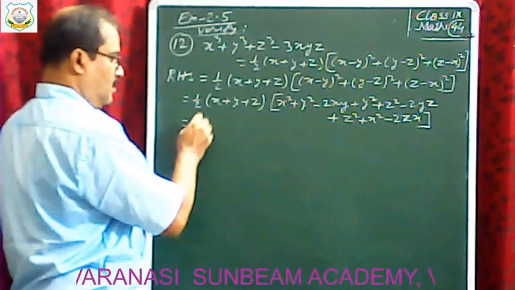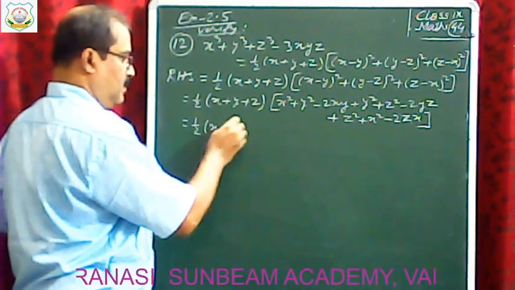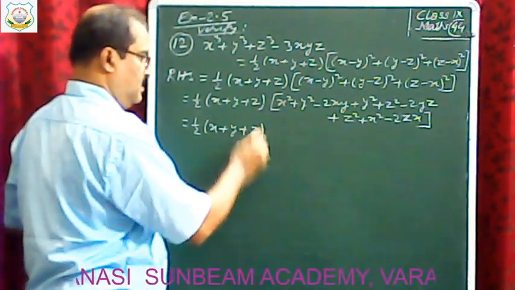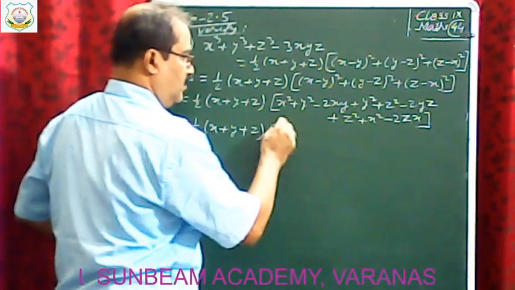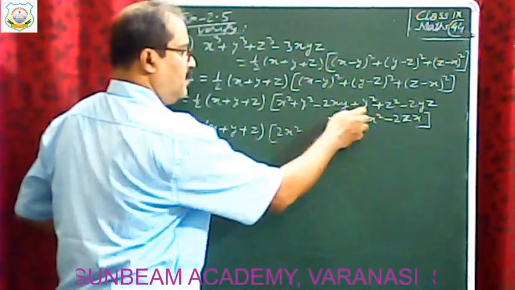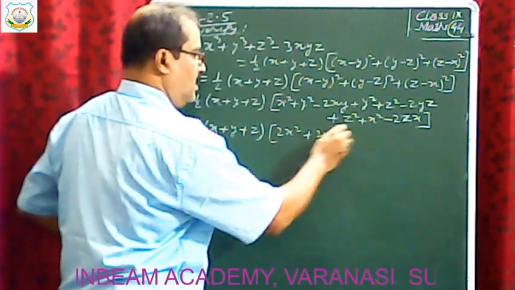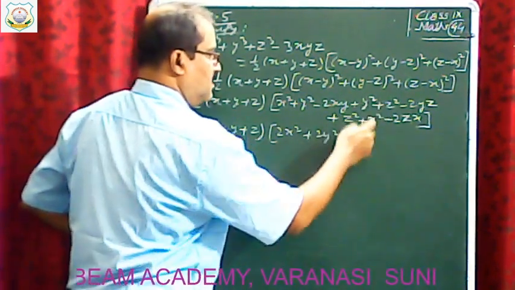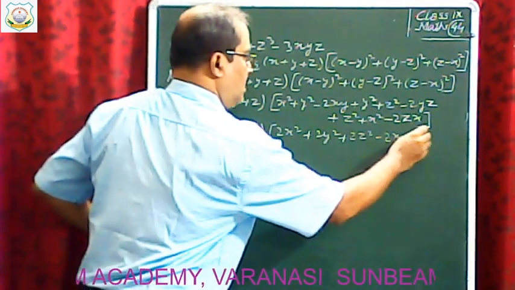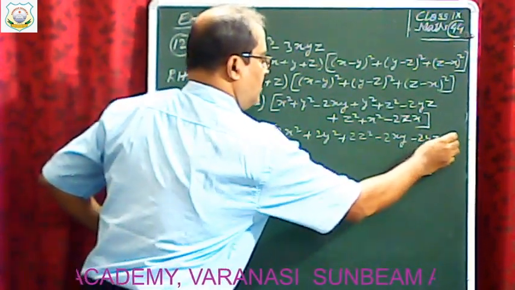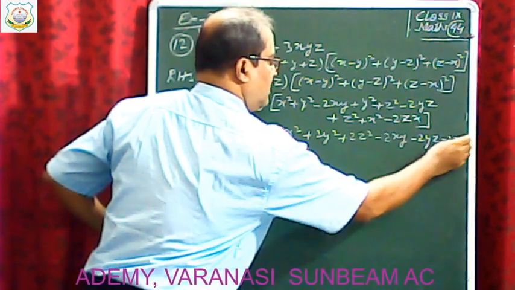Okay, 1 by 2, x plus y plus z, and thereafter x square plus x square, we write 2x square, y square plus y square, 2y square, z square plus z square, 2z square, minus 2xy minus 2yz minus 2zx.